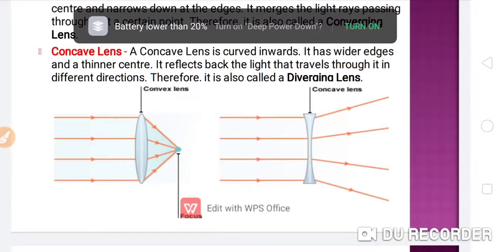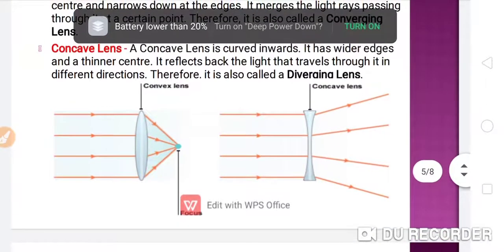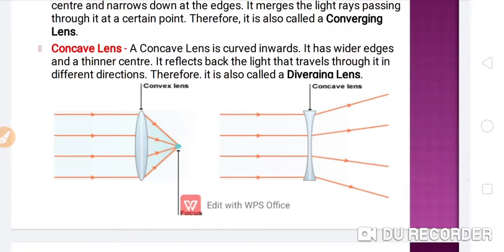Okay, students. So here you can see this is the convex lens and there is a concave lens. In the convex lens, the light coming in a straight line, after passing through the convex lens, points at a particular point. So this is the convergent nature.